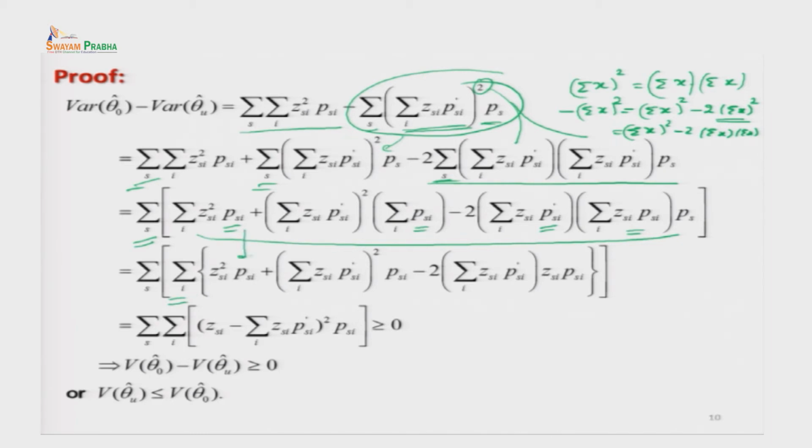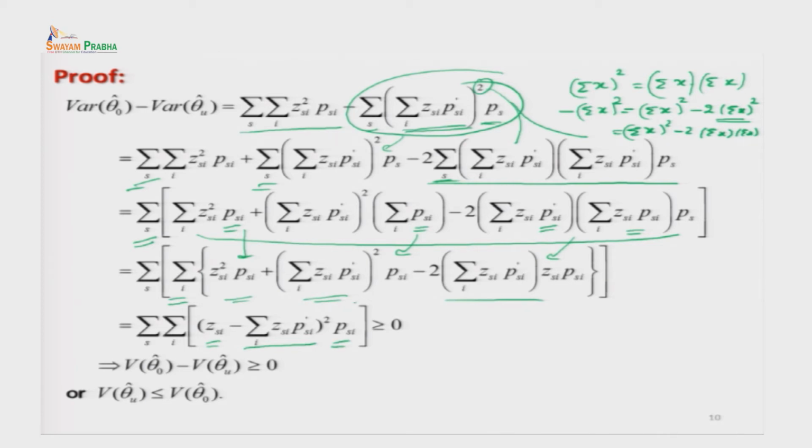You have to do very simple algebra here, nothing more than that. And you can see, doesn't it look like x square plus y square minus twice xy? So I can write this as z si minus the summation of z si p transpose si, whole square, into p si.